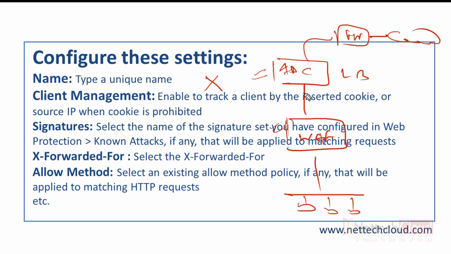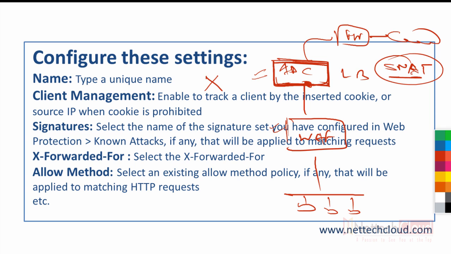And why? Because generally on an ADC or application delivery controller or load balancer, in F5 it is F5 BIG-IP LTM, Local Traffic Manager, we enable the source NAT (SNAT) option, wherein the source IP address is also translated, because by default only the destination IP address is translated. So what happens when source NAT is in place here?